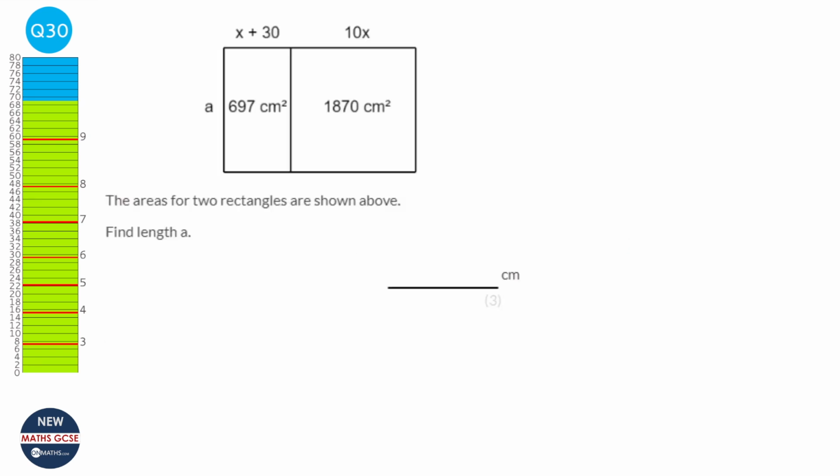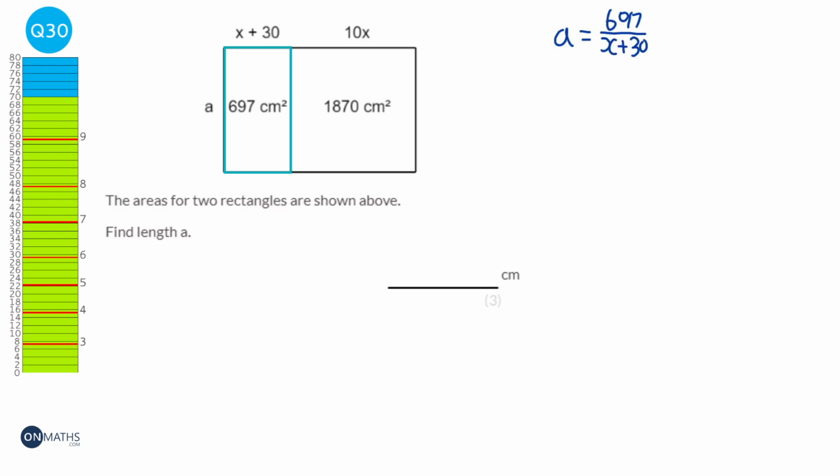I'm going to first of all just focus on this rectangle here. And we know that to find the area of a rectangle, you multiply the 2 lengths. And when you've multiplied them for this rectangle, we get 697. But let's write down what A is equal to. A will be equal to the area, which is 697, divided by the length at the top, which is x plus 30.